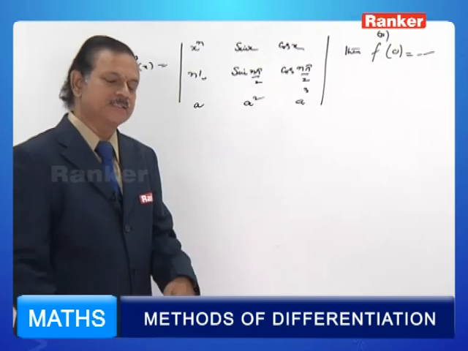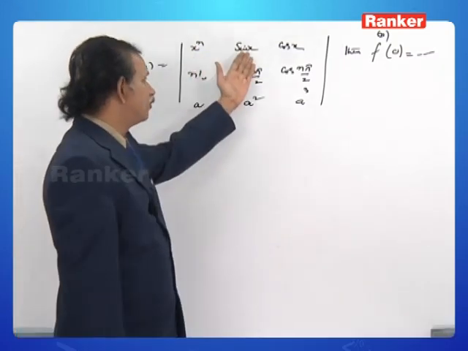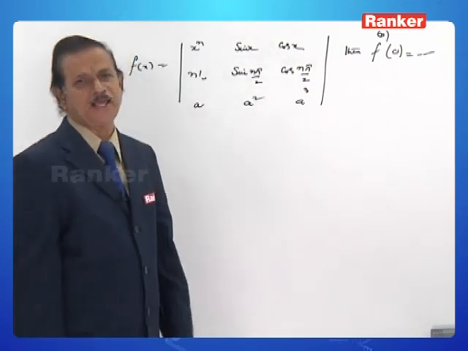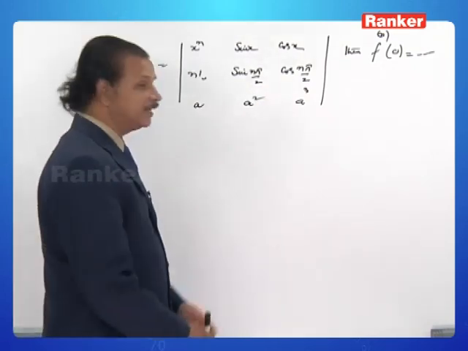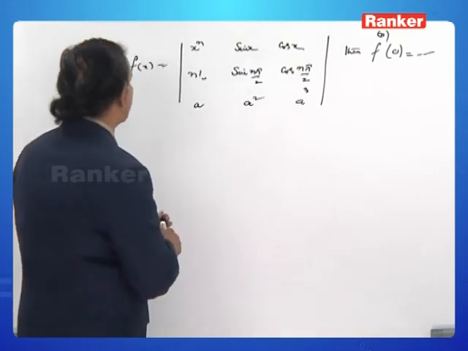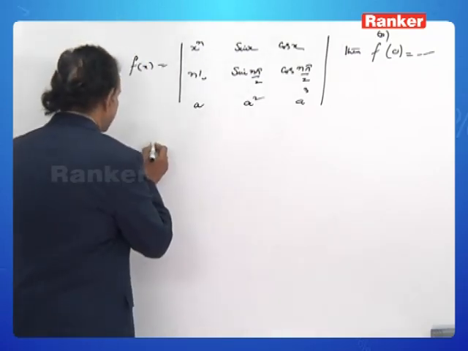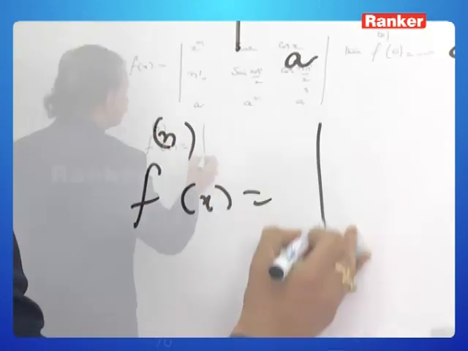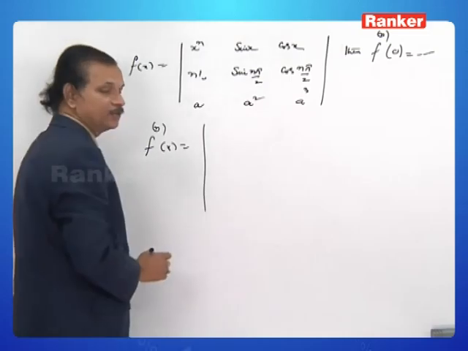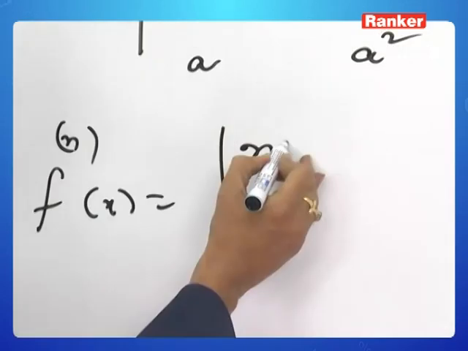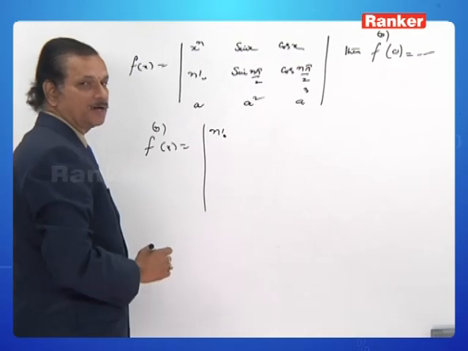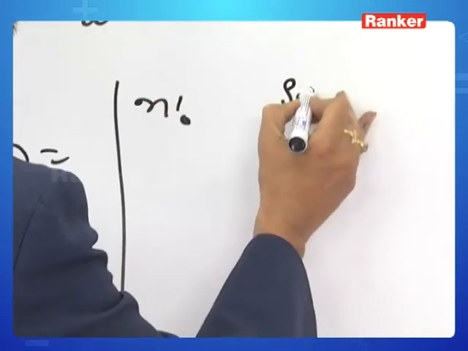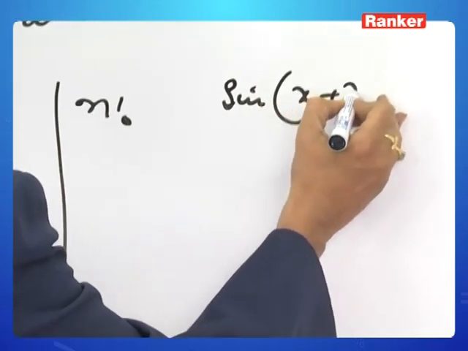What is f double dash x? Again the second derivative of each of these, and the second and third rows remain the same. Like that, f^n of x is equal to, what is the nth derivative of x^n? n factorial. What is the nth derivative of sin x? sin of (x plus n pi by 2).